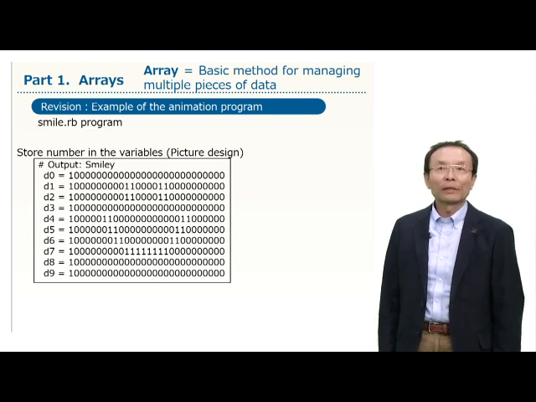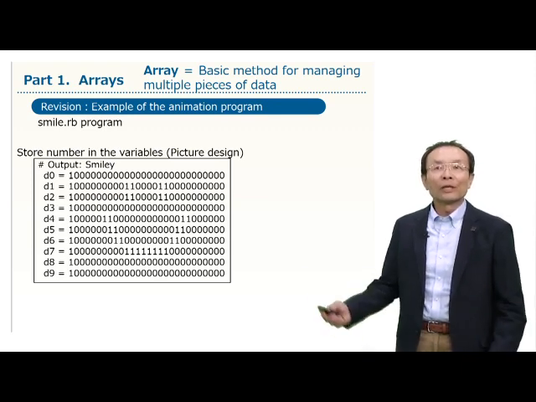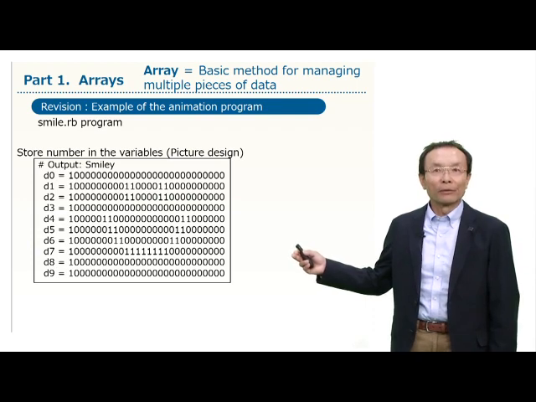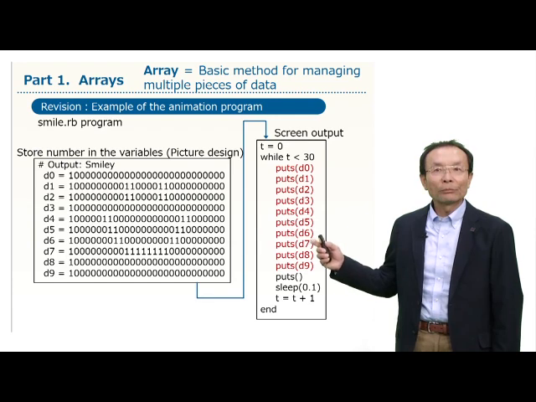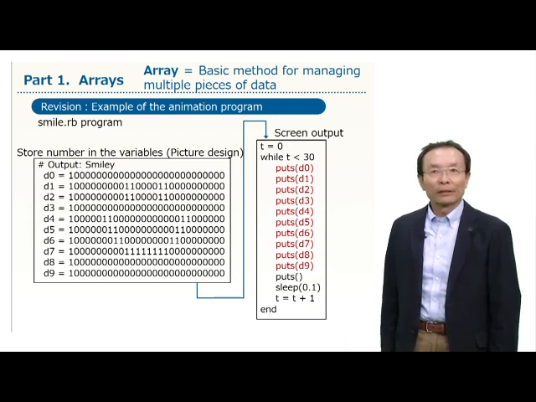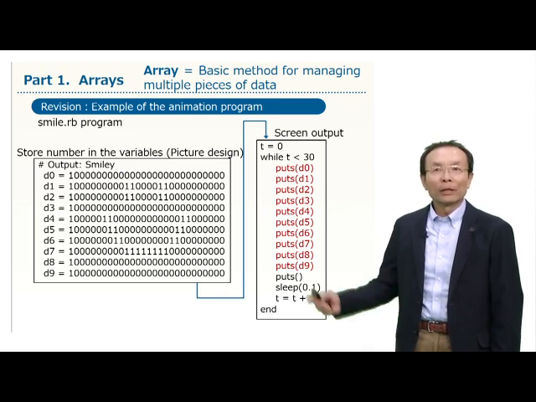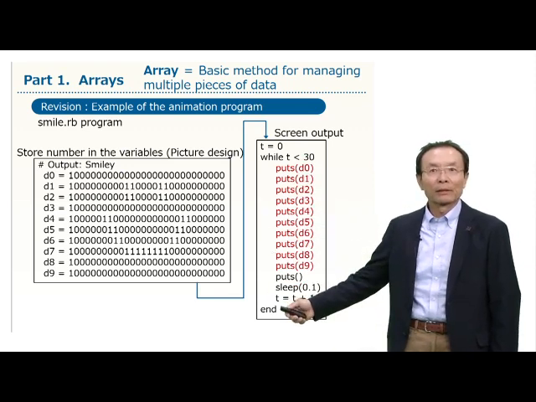For example, in this program, we use 10 variables and store an extremely large number in each variable for expressing each line of the picture. Then we output them to the screen. Note that for outputting 10 variable values to the screen, we wrote 10 puts commands.